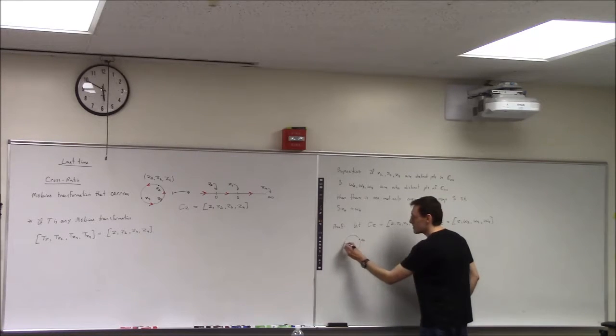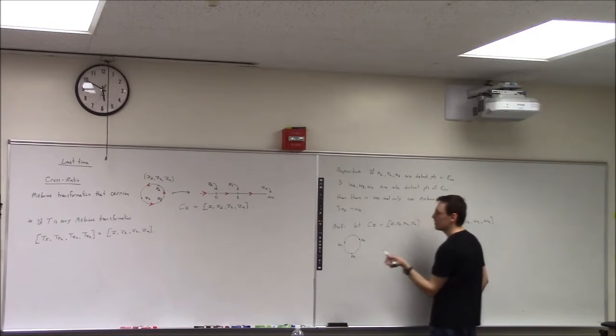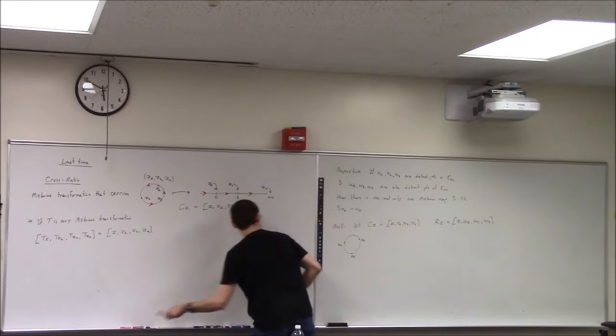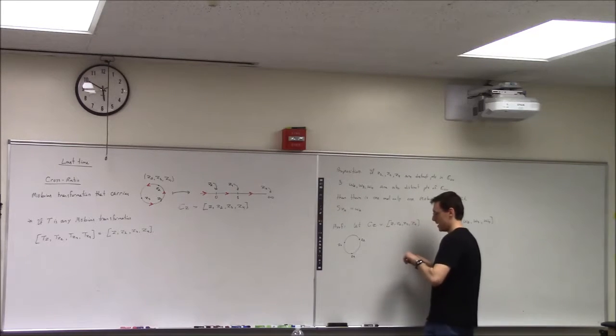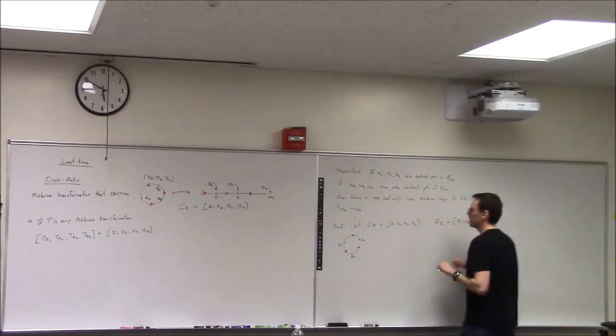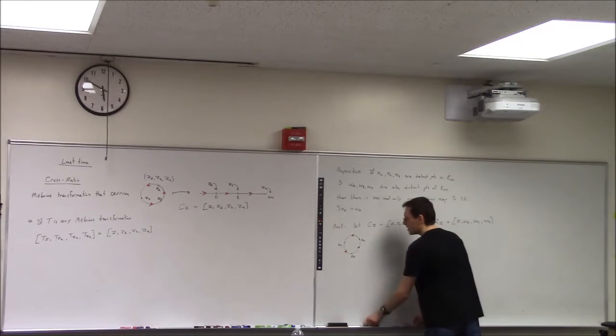Z2, Z3, and Z4. So the circle has a counterclockwise orientation, and maybe the other circle I'll give it a clockwise orientation, just for the fun of it. So we have this circle.